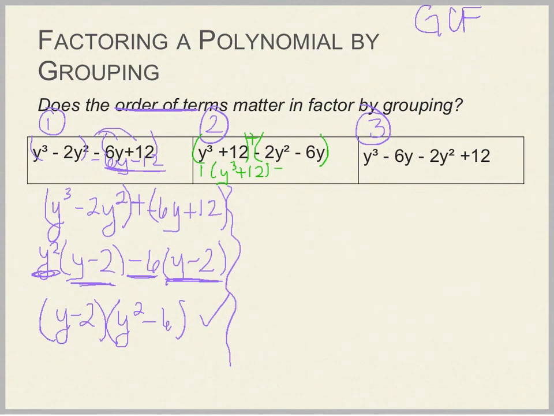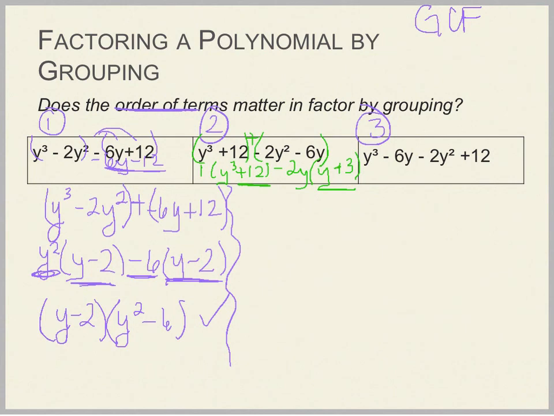I'm going to take out a negative 2y, because what is left then is a positive y plus 3. Notice I'm using the same four terms, but in this instance, I did not arrive at an acceptable answer because y cubed plus 12 is completely different than y plus 3. So this will not continue into a further factored form.